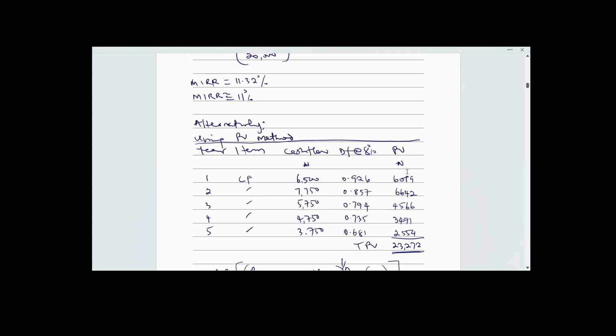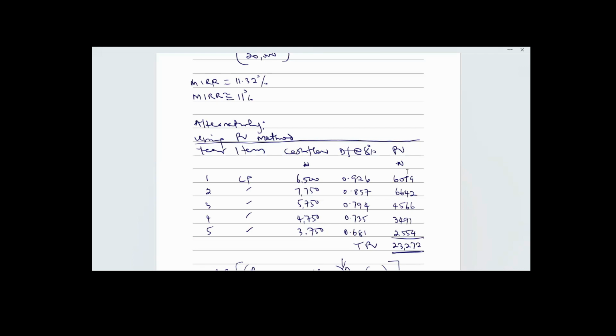If the examiner specifies that you should use reinvestment rate, in a situation whereby you are given reinvestment rate and you're also given the company cost of capital, please use the reinvestment rate, because modified internal rate of return can specify to the decision maker the reinvestment rate to be used for the project. So where you are given reinvestment rates, please use that one over the cost of capital. But where you are not given reinvestment rates, then the company cost of capital is what you should use as your discounting rate.